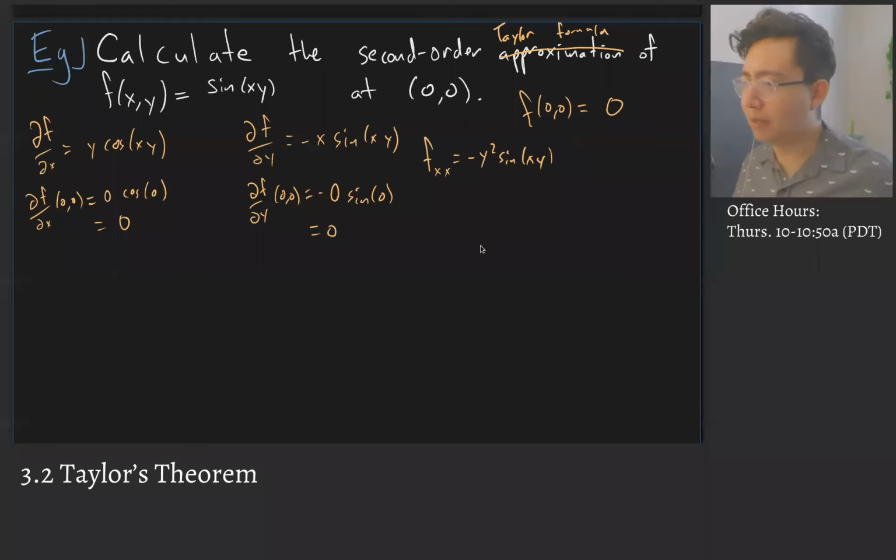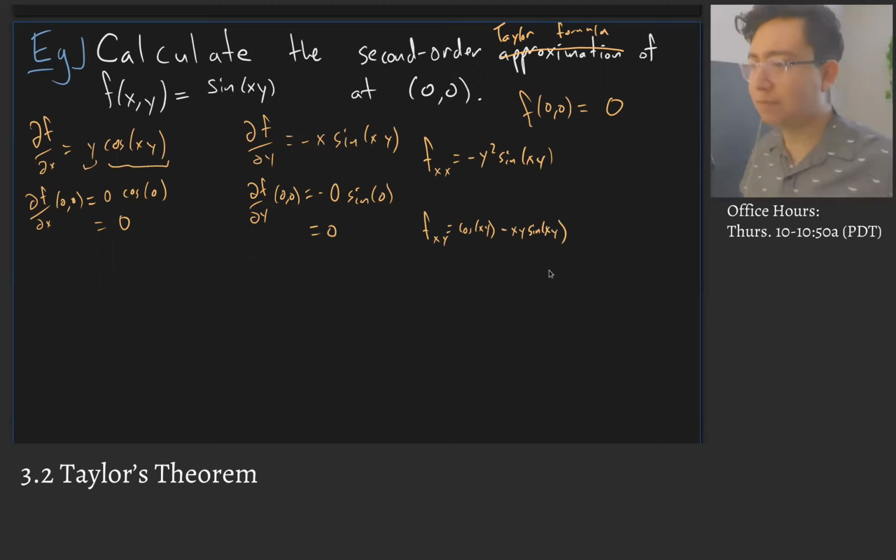Actually, I'm going to need more space for that. Fxy is going to be a little more complicated because I have a y here and a y here. So I have to use a product rule. So this becomes cosine of xy minus xy sine of xy.